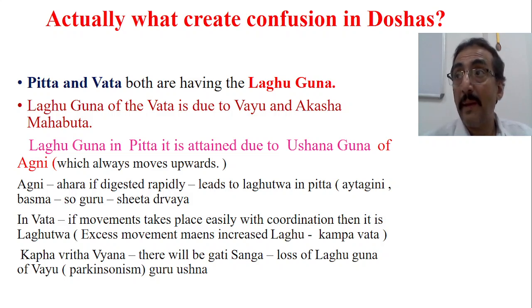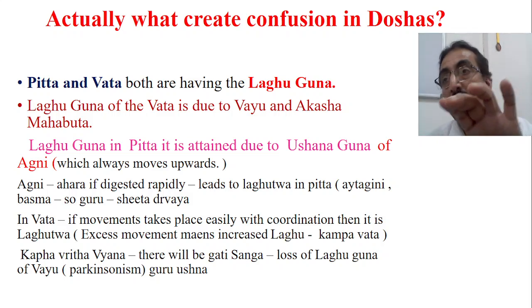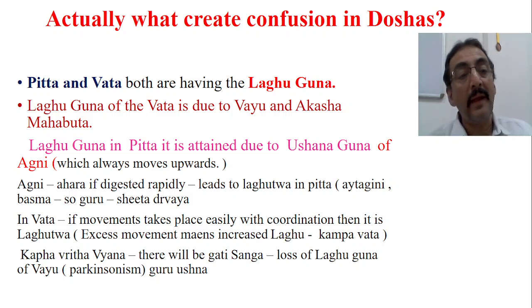Why? Because of loss of Laghu guna of the Vayu. This can be seen in Parkinsonism. Because of Kapha obstruction, Vata is vitiated and Laghu guna is affected, and that leads to this condition.